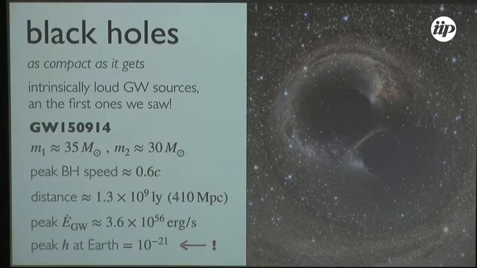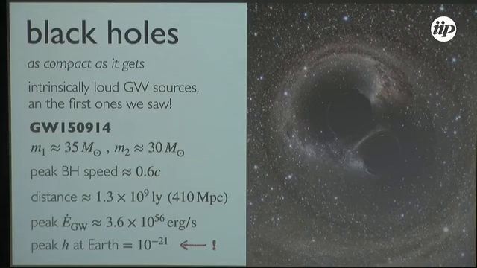And it was the first kind that we detected, like the case of GW150914, our first detection, which is represented here by this visualization of a numerical relativity simulation. In that case, we had two black holes, one of them with 35 times the mass of the sun, the other around 30.